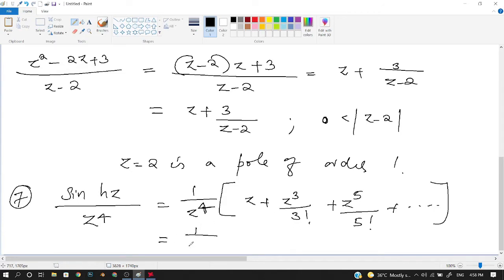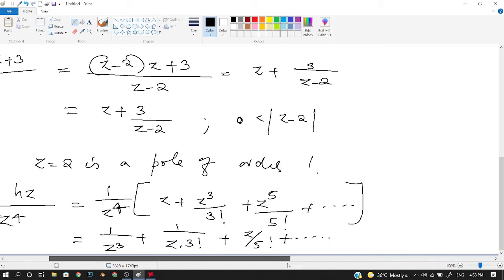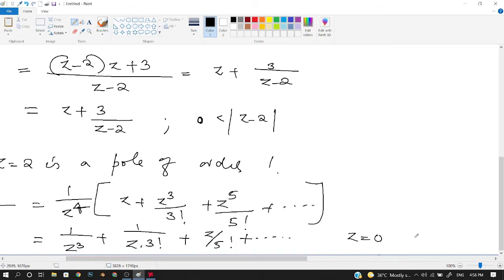So here we have 1 by z cube plus 1 by z into 3 factorial plus z by 5 factorial plus etc. Okay, so here what is the highest power? That means the negative power of z. The highest negative power of z is 3. So you can see that z equal to 0 is a pole of order 3. Okay.